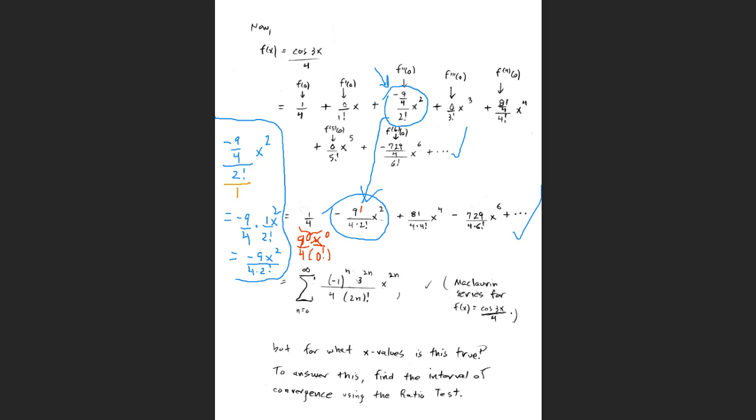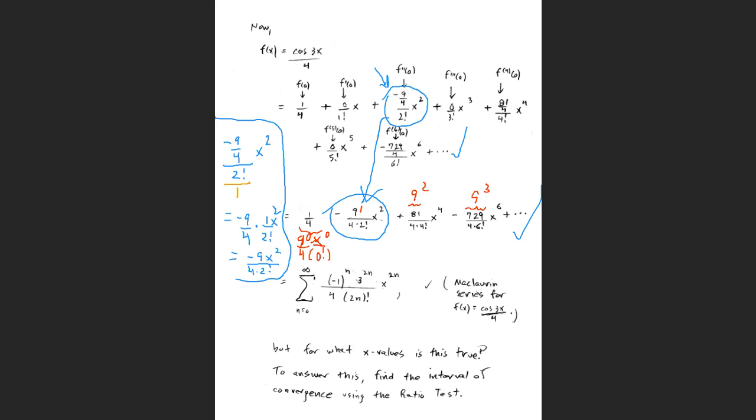Then you have 9 to the 1st power. 81 is 9 squared. 729 is 9 cubed.